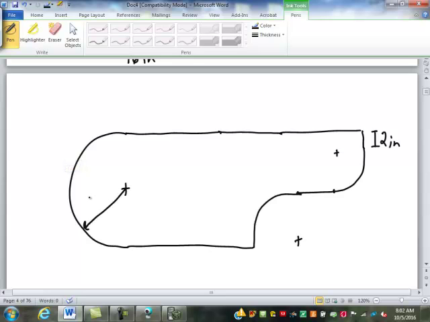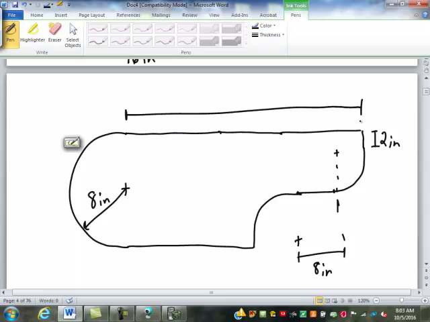This radius here is 8 inches. Center to center of these circles is going to be 8 inches. That makes that piece 8 inches. From there to there, make that 32 inches.